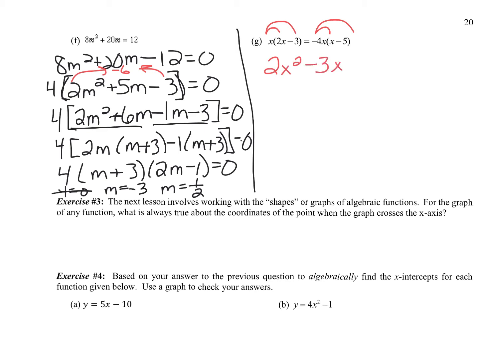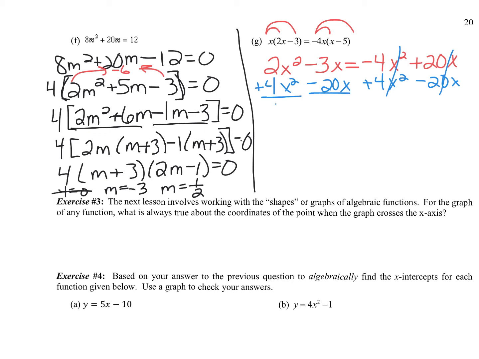So this is 2x squared minus 3x equals -4x squared plus 20x. When I'm making a decision about moving my terms, I want to keep my x squared positive, so I'm going to move over the 4x squared and the 20x, making this positive 4x squared. So we end up with 6x squared minus 23x equals 0.